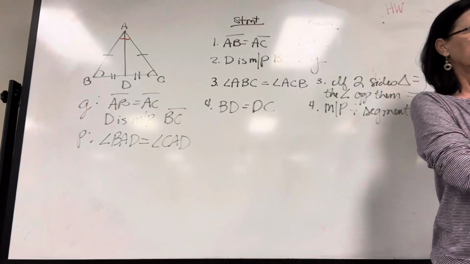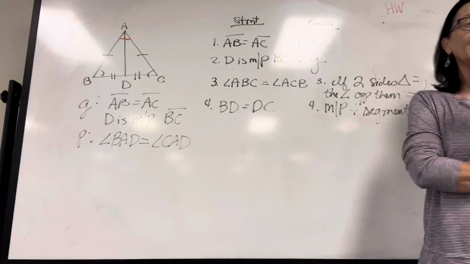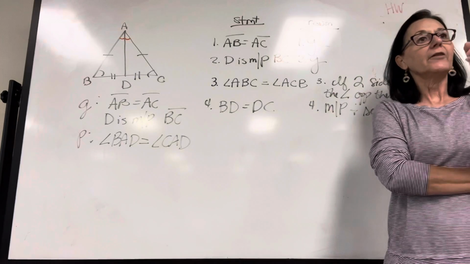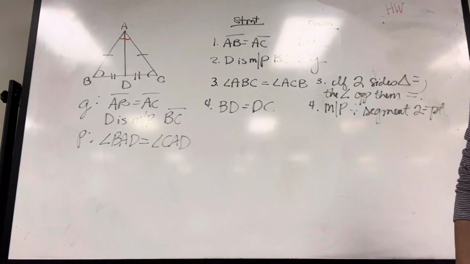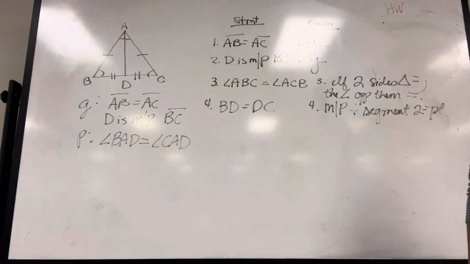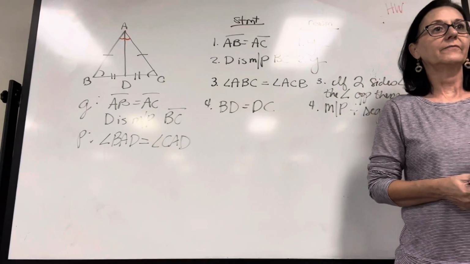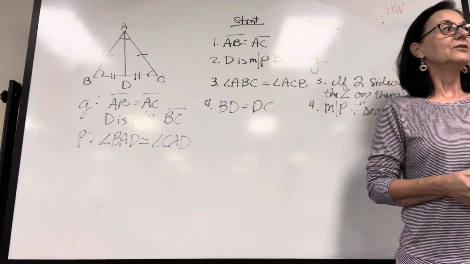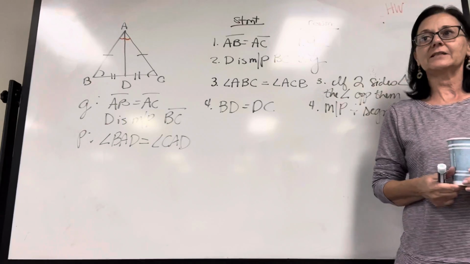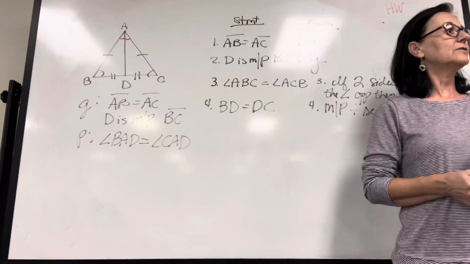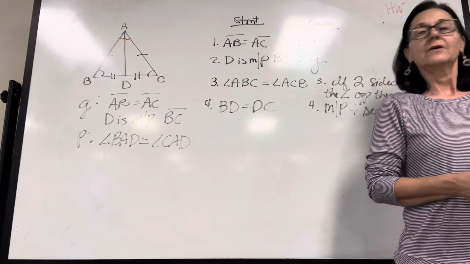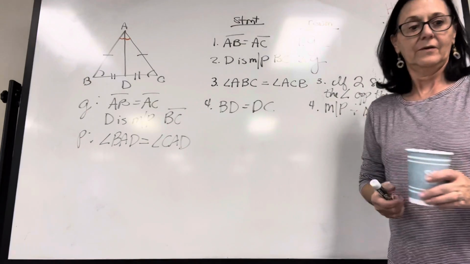Side angle side. I can prove it side angle side, but is there another part that I could already prove is equivalent in those two triangles? Does everybody see three triangles? Just making sure. Everybody sees three. What else? Triangle ABD is equal to ADC.